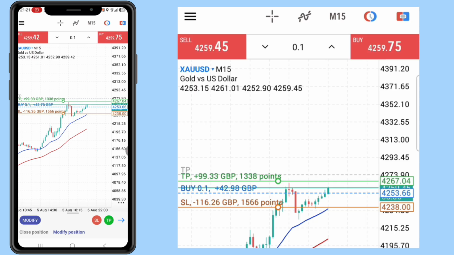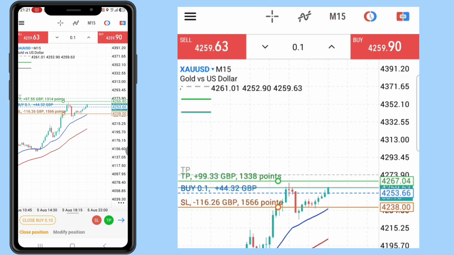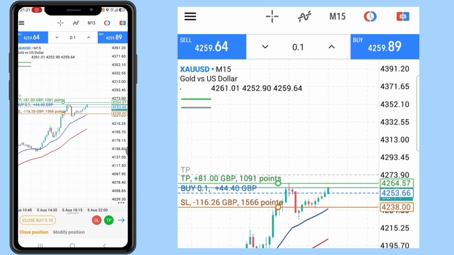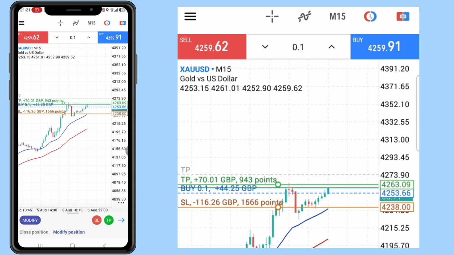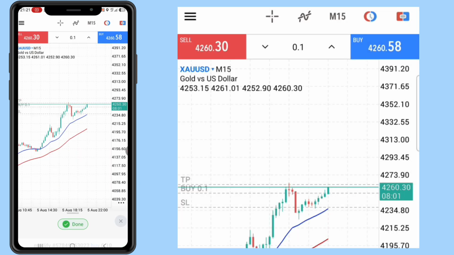That's why you see me, I jump out of the market as soon as possible. So long as I realize I've made 1%, I don't care about the rest. You go and do your research. You discover that the most successful traders are actually those that target for at least 1% or 2%. Go do your research and come back here and tell us. Have a great day and bye bye.